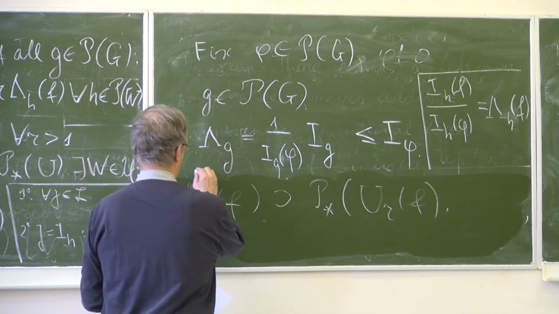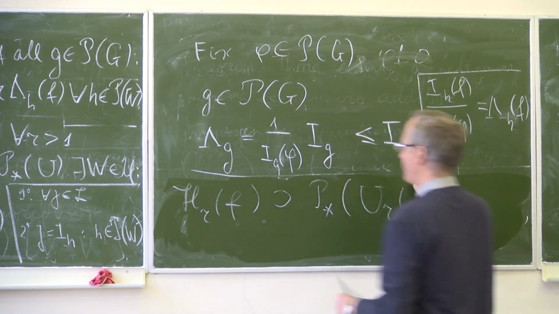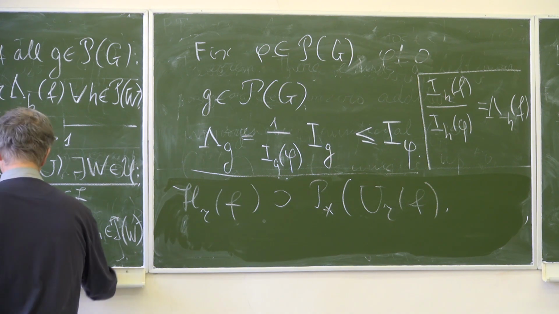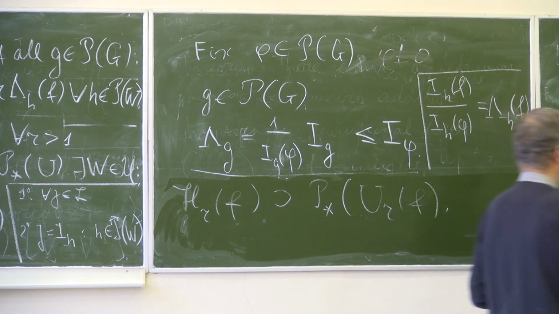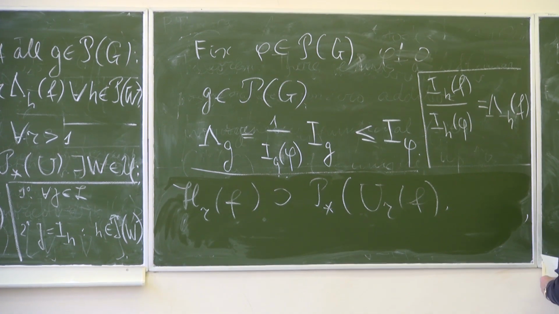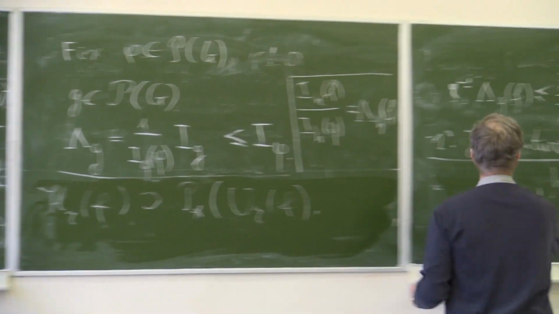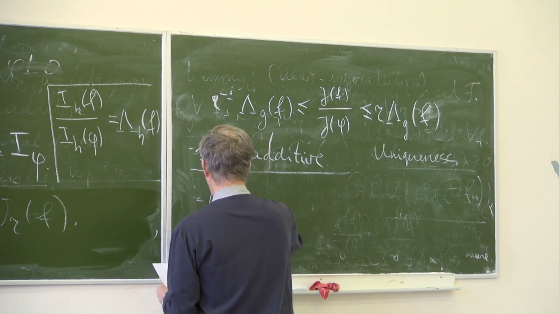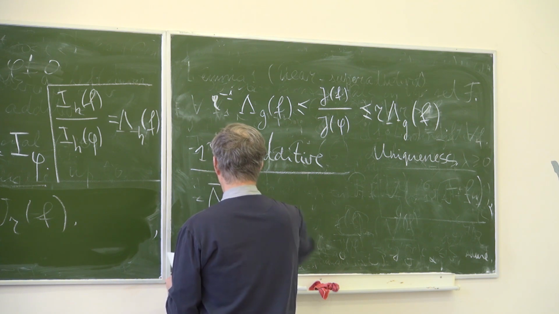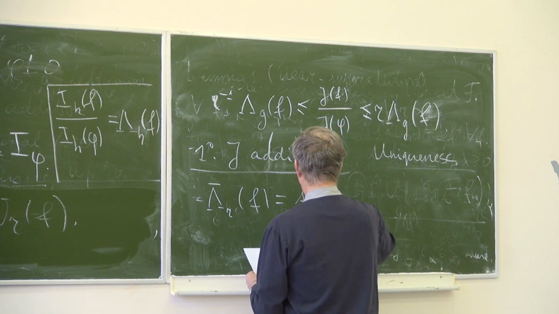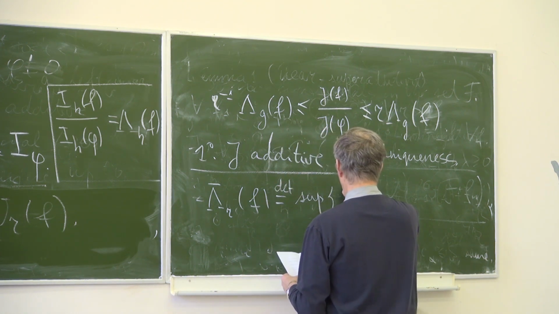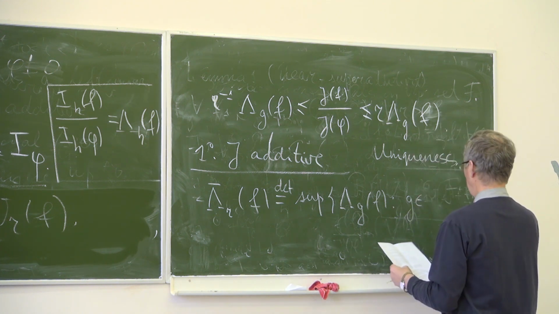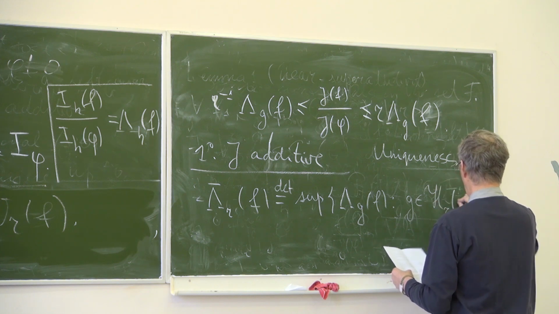Now let's recall the upper bound. This means that if you take the following functional lambda r bar of f, this is simply the supremum by definition, supremum of lambda g of f for every g in h r of f.